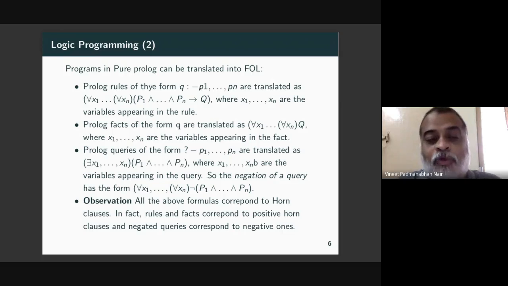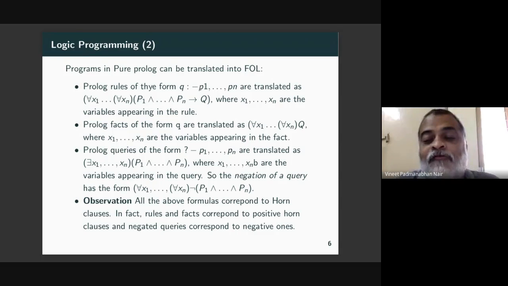And when you try to ask a query or a question, how is it translated? Prolog queries: that question mark is coming because that is the prompt which actually comes in Prolog. When you invoke the Prolog interpreter, it is just like the Unix system. But in Unix, you have a dollar, and here you have a question mark.